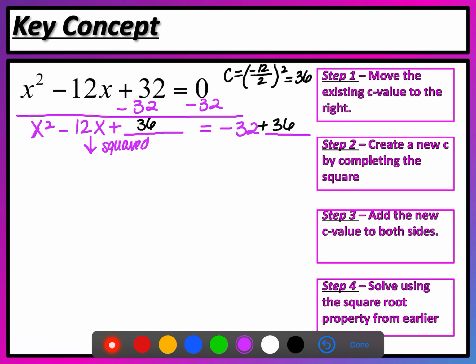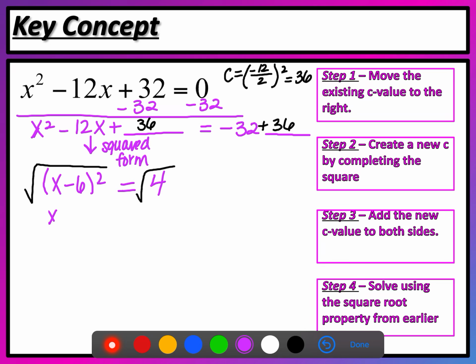Then we go to squared form. So half the middle term, half of 12 is 6, x minus 6 squared. On the right side, we're just simplifying. Negative 32 plus 36 is 4.